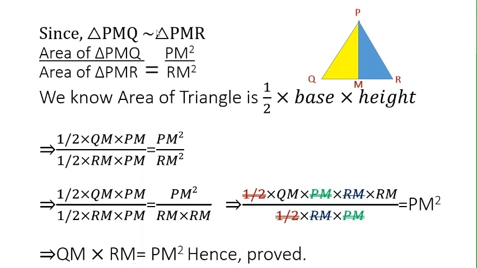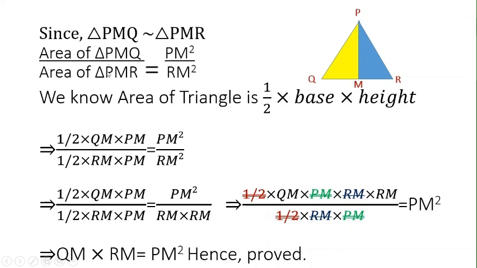So here we have proved that triangle PMQ is similar to triangle PMR. According to similar triangles criteria, what can we write here? The ratio of the areas of those two triangles will be equal to the ratio of the squares of their corresponding sides.